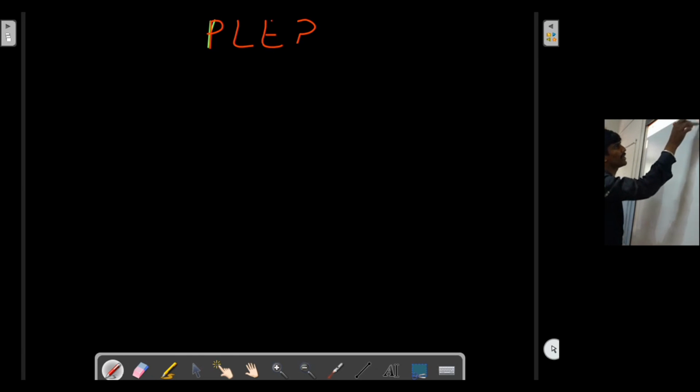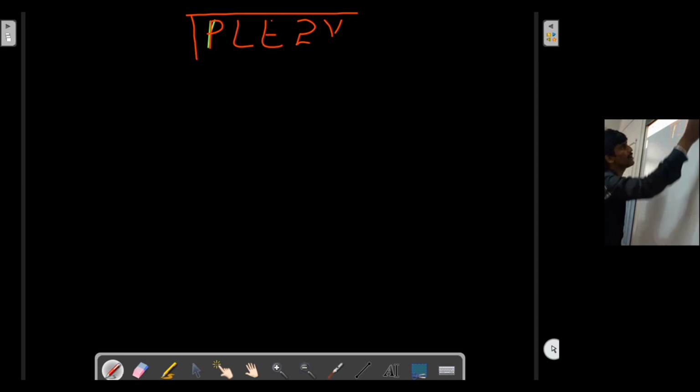See here, a pair of linear equations in two variables, how many solutions does it have?